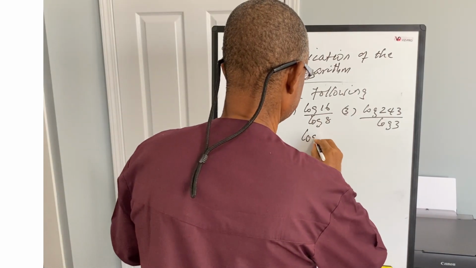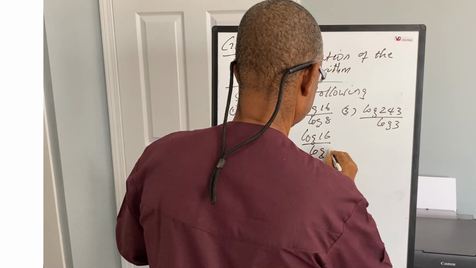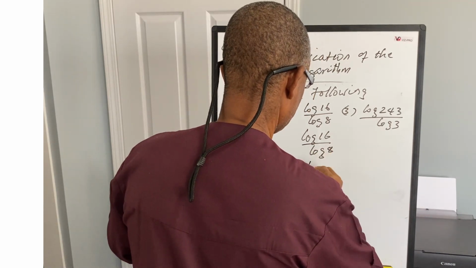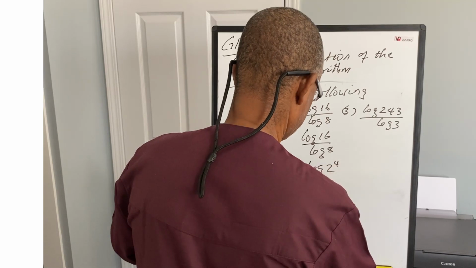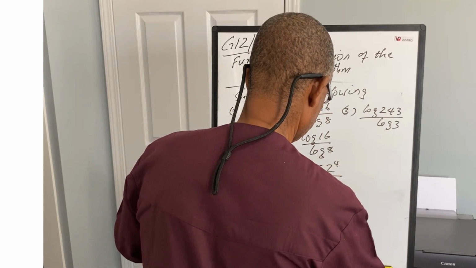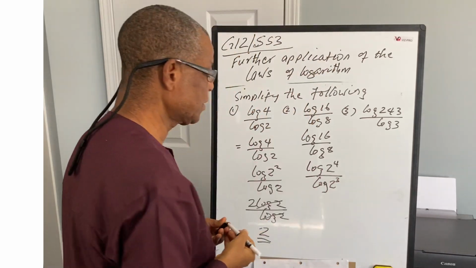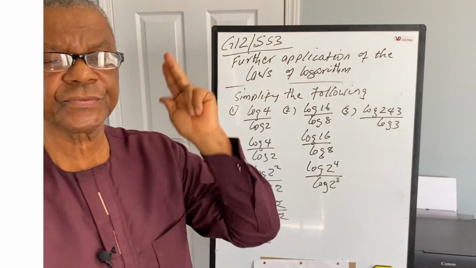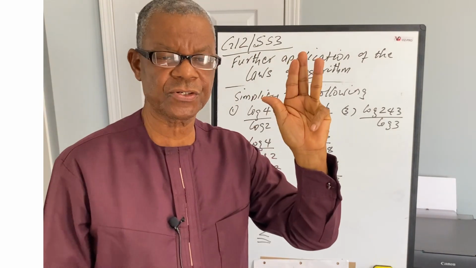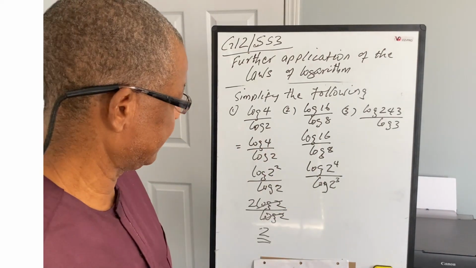Log 16 over log 8. This is log 2 raised to power 4 over log 2 raised to power 3. 2 raised to power 4 will give us 16. 2 times 2, 4. 4 times 2, 8. 8 times 2, 16. Whereas that of 8 is 2 raised to power 3.